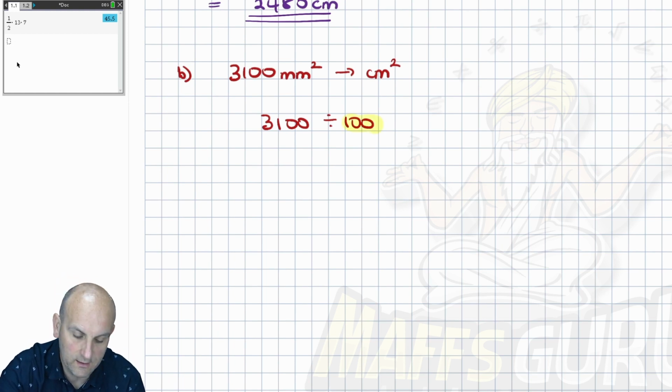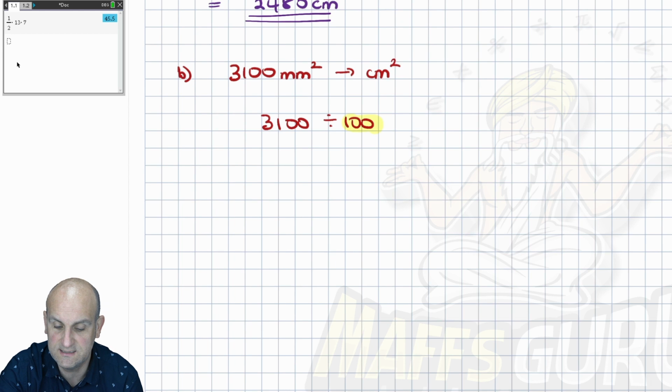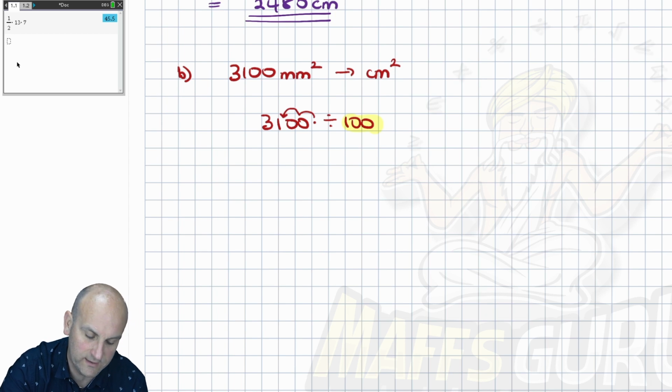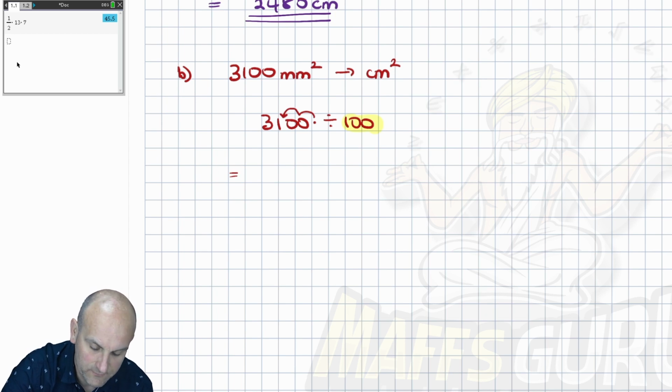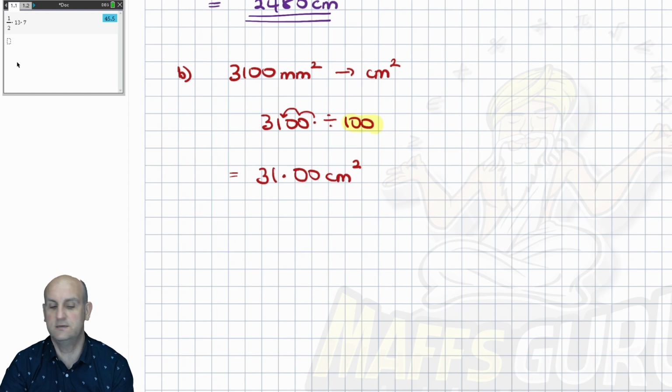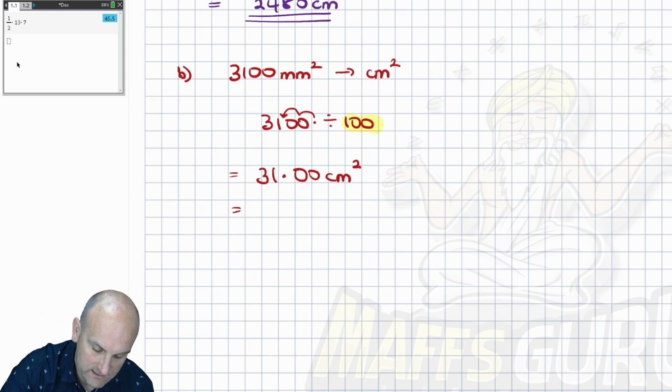I'm going to bounce it by 2 places because of the 2 zeros. So there is my decimal point, 1, 2 that way, is going to put it between there. So that's going to give me 31.00 centimeters squared. Do I need the 0.00 at the end? No, I don't. So in fact, I can just write that as 31 centimeters squared.